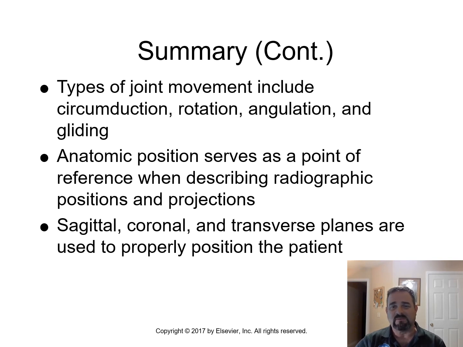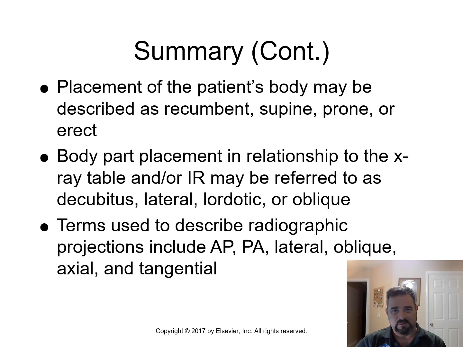And then anatomic position serves as a point of reference for us when describing radiographic positions and projections. Sagittal, coronal, and transverse planes are used to properly position the patient. Placement of the patient's body may be described as recumbent, supine, prone, or erect.